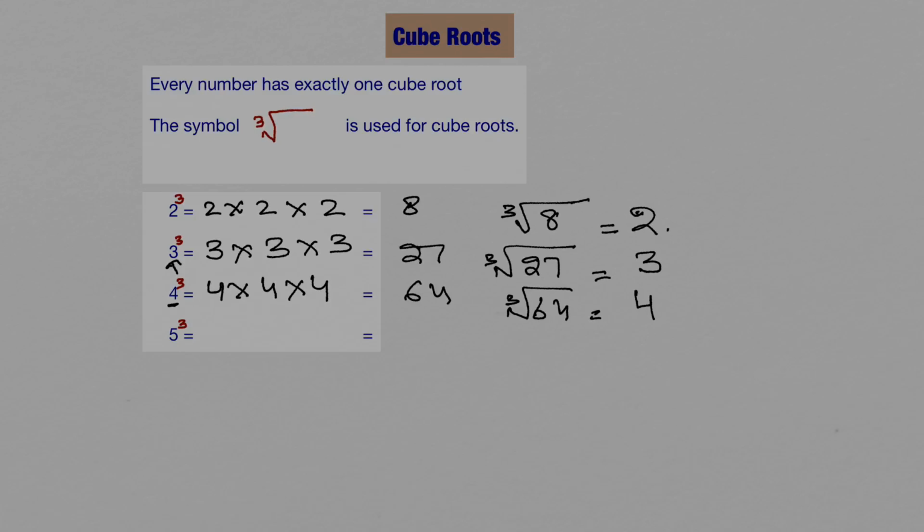Last one, 5 times 5 times 5 gives us 125, so the cube root of 125 would be 5.